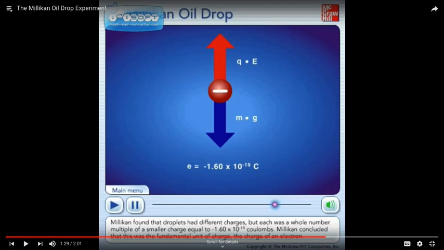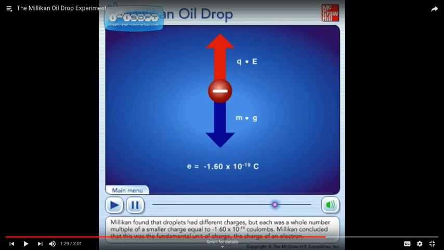Having the mass and the charge, then, knowing the charge on this particle, he found that different particles had different charges because they're different sizes too.